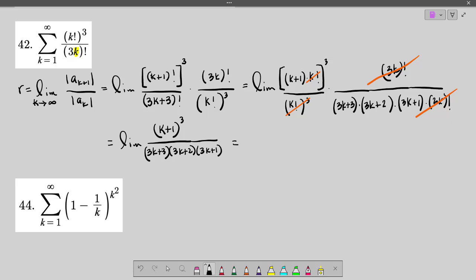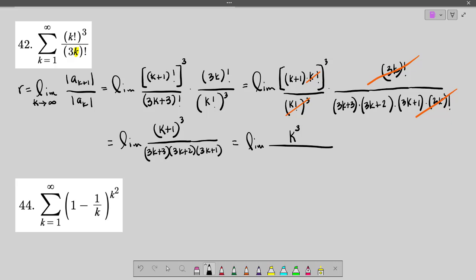So once again, we're dealing with a polynomial divided by a polynomial with a limit at infinity. And when we have polynomials, it suffices to look at the dominating term for each polynomial. So the dominating term in the numerator is k cubed. So this only works for limits at infinity.